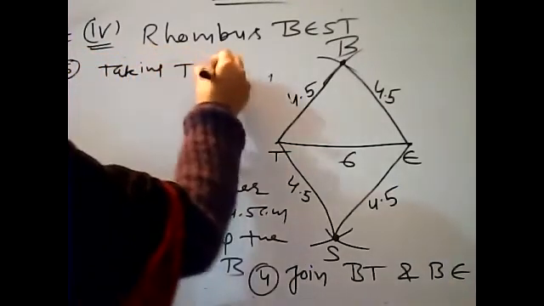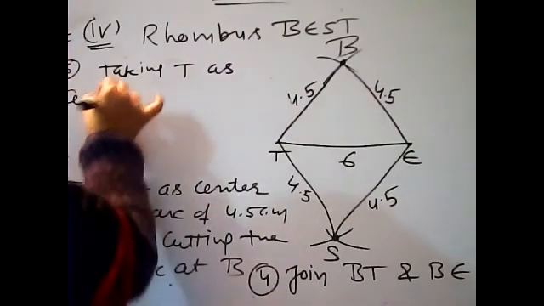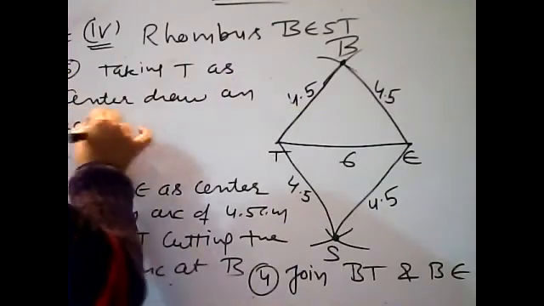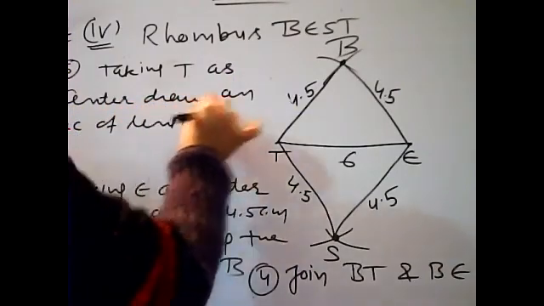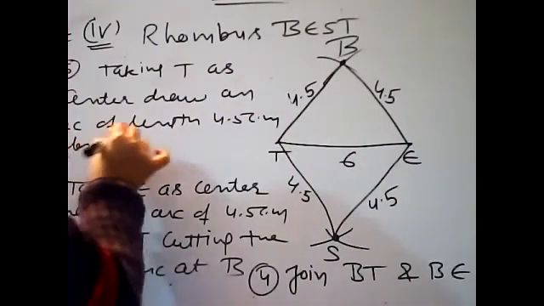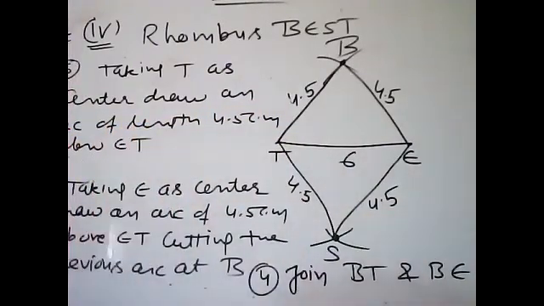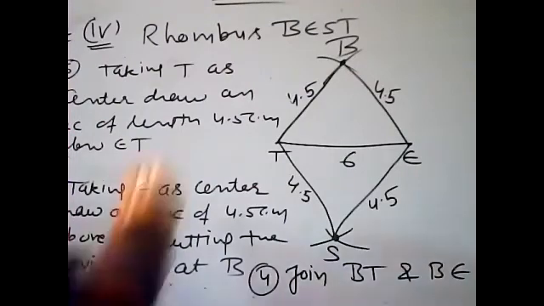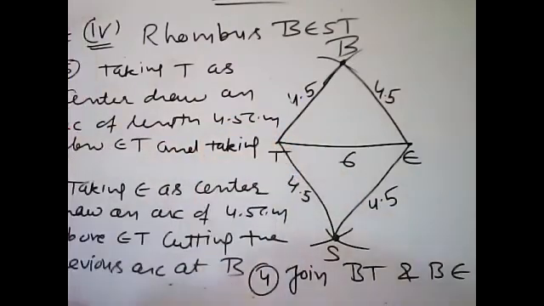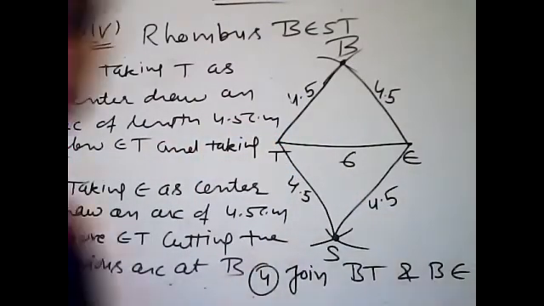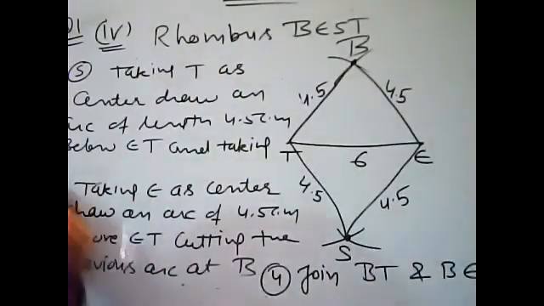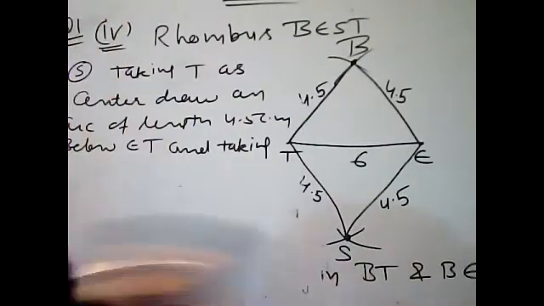Taking T as center, draw an arc of length 4.5 centimeter below ET and taking E as center.